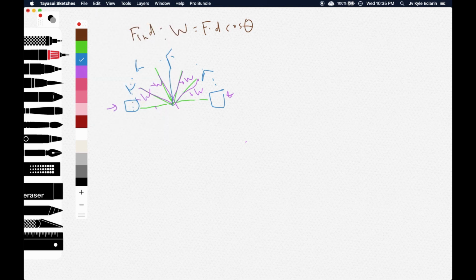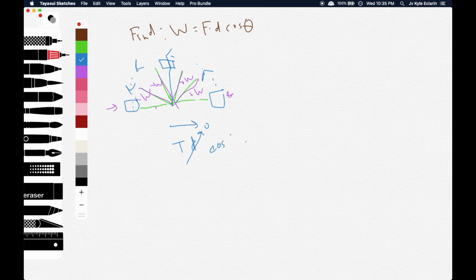So the one in the middle actually has a tension, right? But the distance, in this case, would be going up. But because we're measuring things only going left and right, the distance would actually be 0.